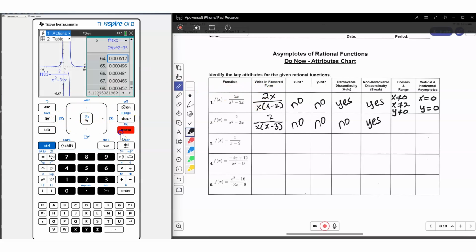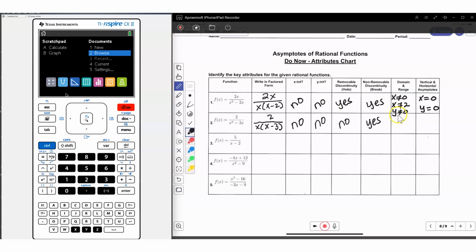Now, if you want to be exact, you can also press tab. Okay, well, we're going to go on to the next part.